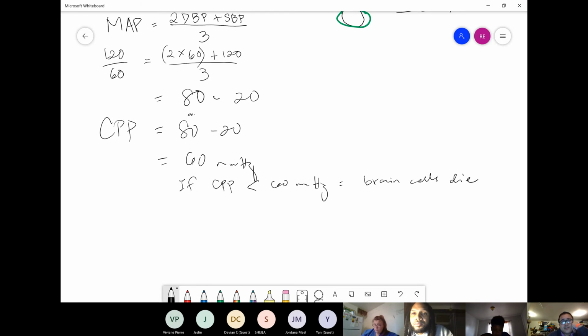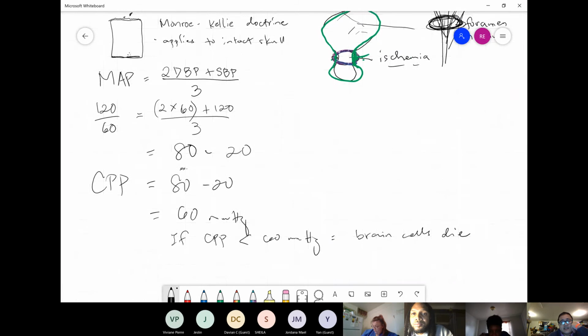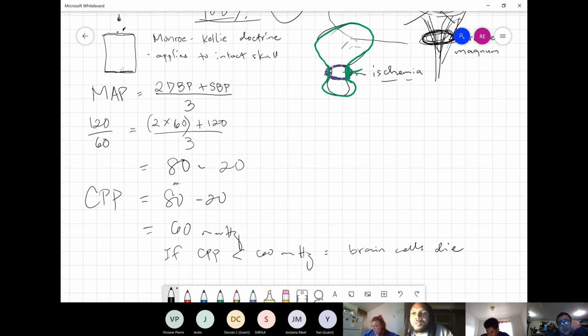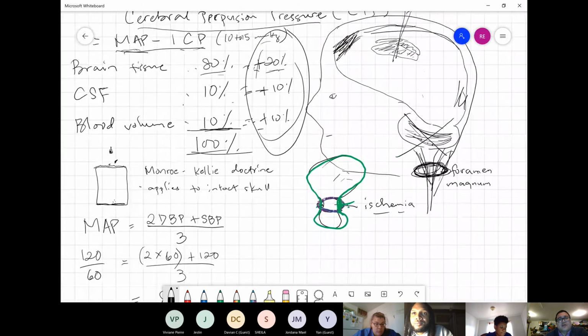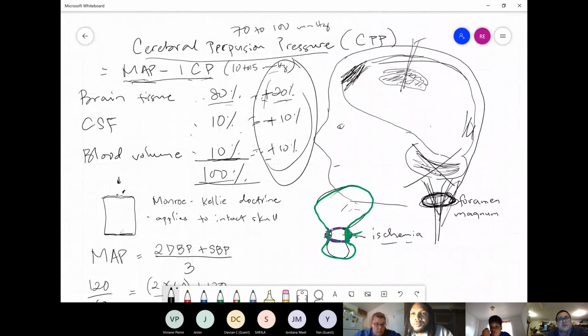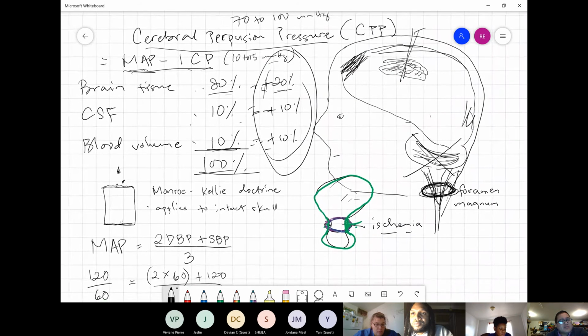There's not enough pressure to perfuse brain cells if your CPP is less than 60. 60 is the minimum, but do you want to be close to that at any one time? No, because the moment it goes below 60, brain cells are dead. Are you following so far? All right, so what is your conclusion therefore? If you remember in stroke, what happened to the patient's blood pressure after a stroke?